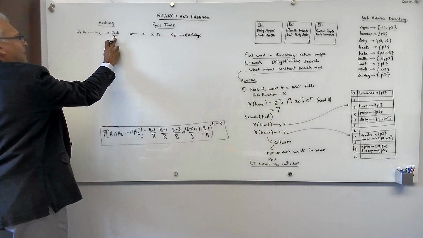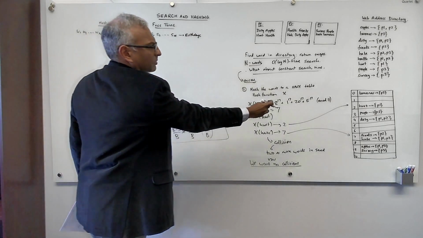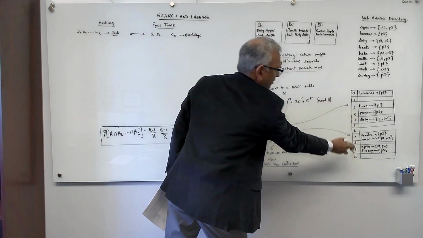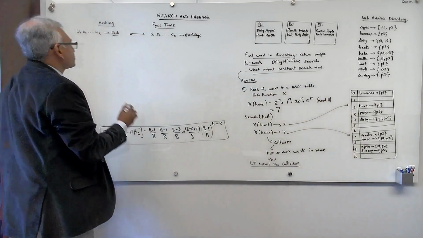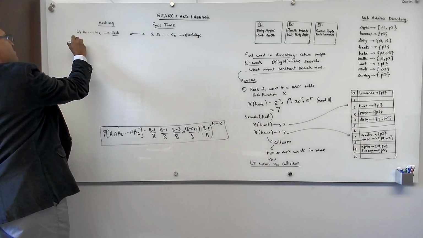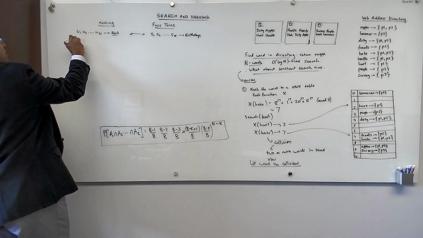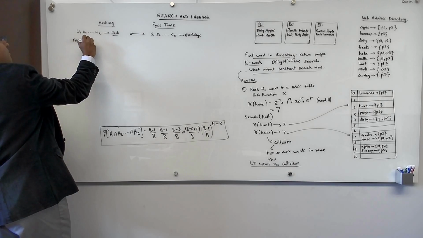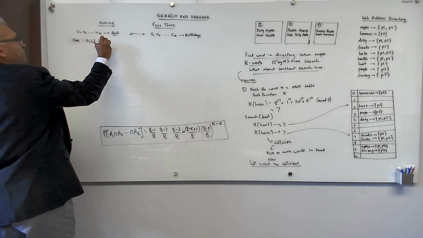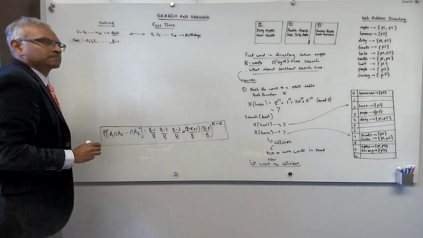Okay, now where do we hash? We hash into a table with bins 0, 1, 2 up to 10. Well, in general, 0, 1, 2 up to b minus 1. So bins, or table rows, so you hash into table rows 0, 1, 2 up to b minus 1. Okay.